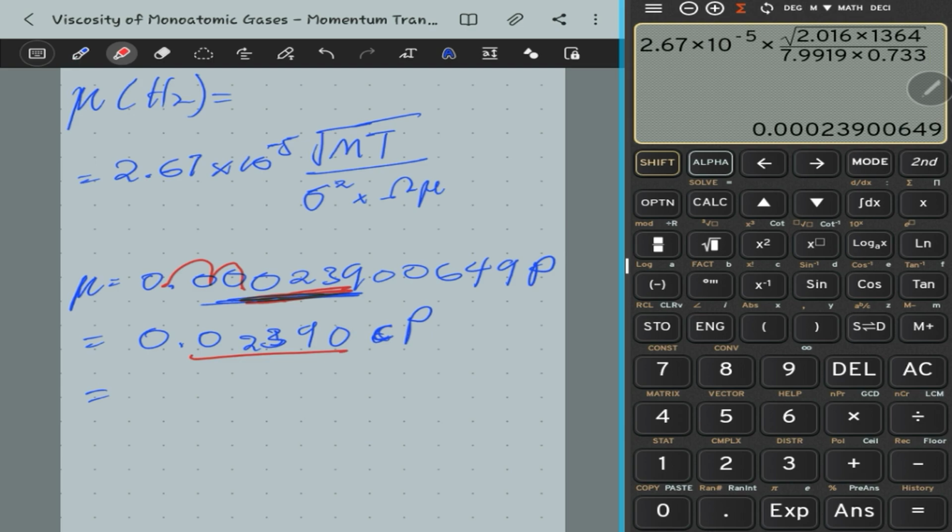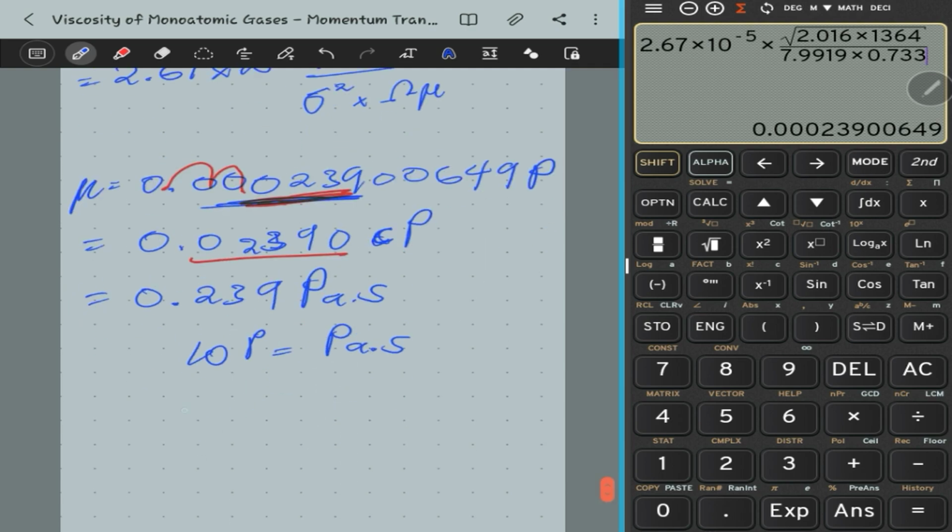If you want it in Pascal-second, we divide this further by 10, so that will give us 0.239 Pascal-second, right? Because we know that 10 poise is equal to a Pascal-second, and 100 centipoise is equal to a poise, right?